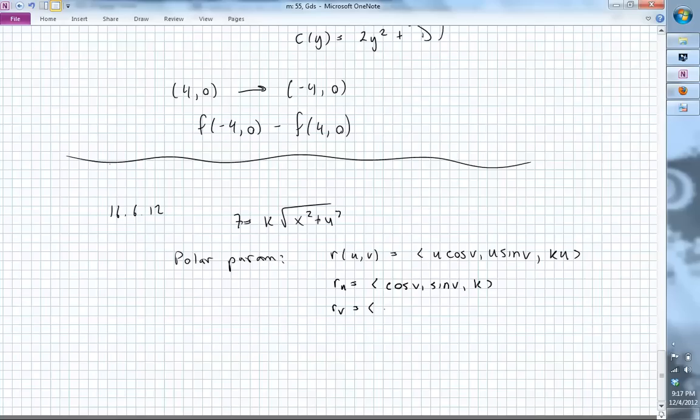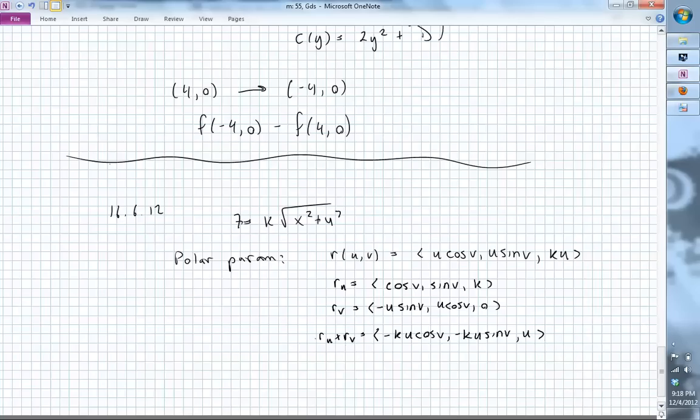Rv is minus u sine v, u cosine v, and 0. Ru cross Rv is negative k u cosine v, negative k u sine v, and u.